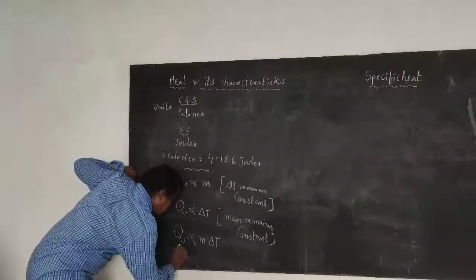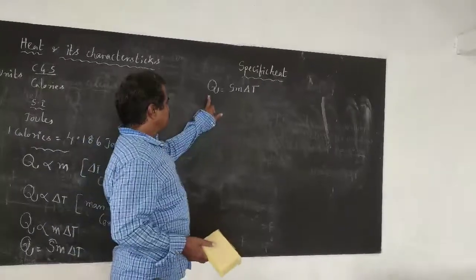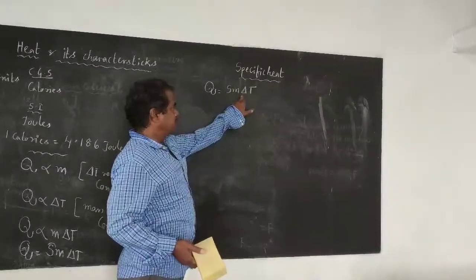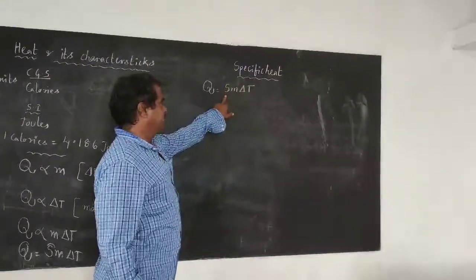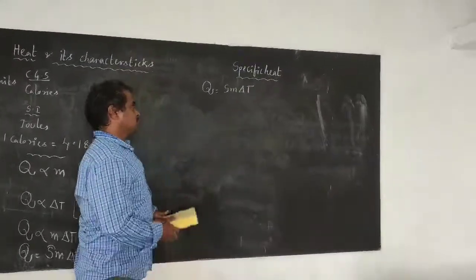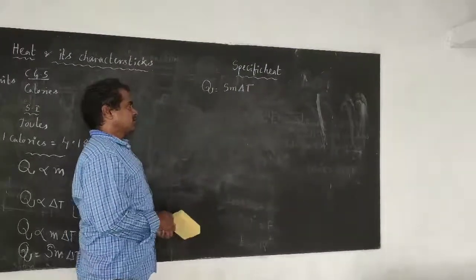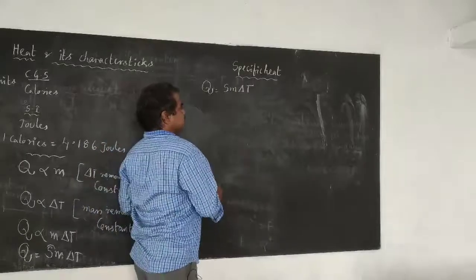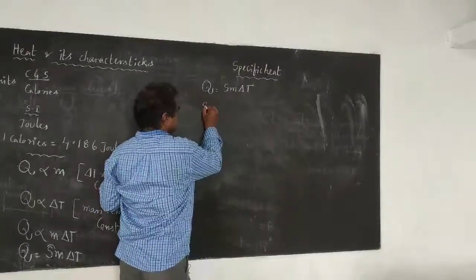So here Q is equal to S M delta T, where S is the proportionality constant, and we can also call it the specific heat.